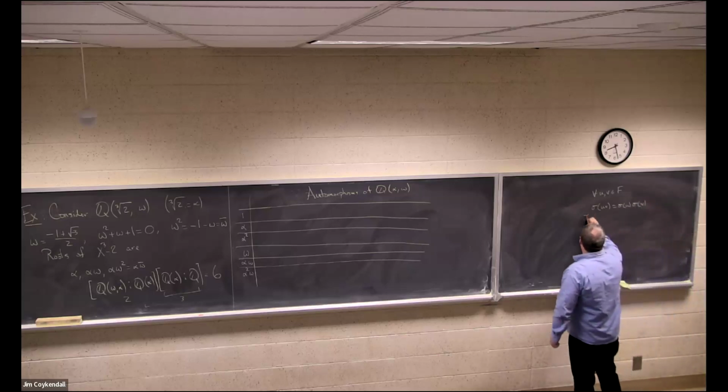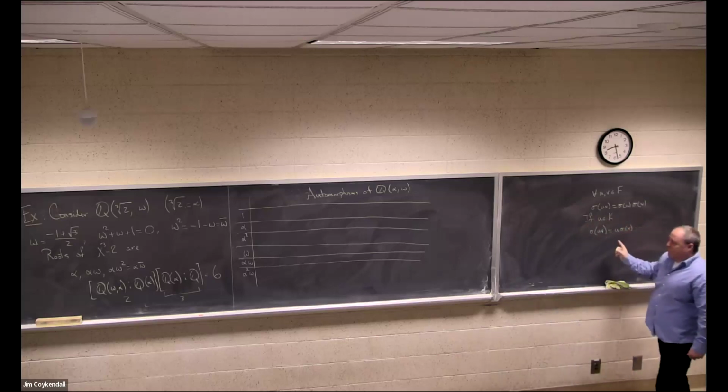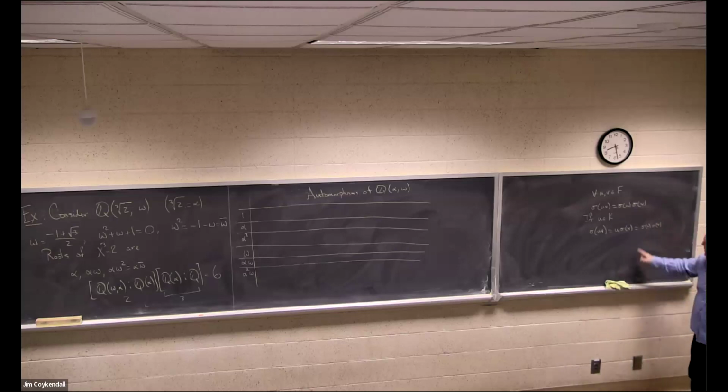But if U is in K, the base field, then sigma(UV) is U sigma(V). But since the base field is fixed, notice this is also sigma(U) sigma(V). So there's no inconsistency here. It's just that U and sigma(U) happen to correspond if it's in the base field. Does that answer the question?